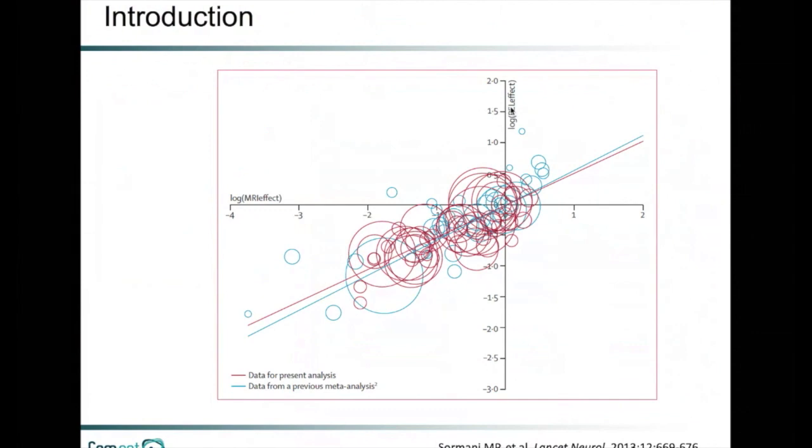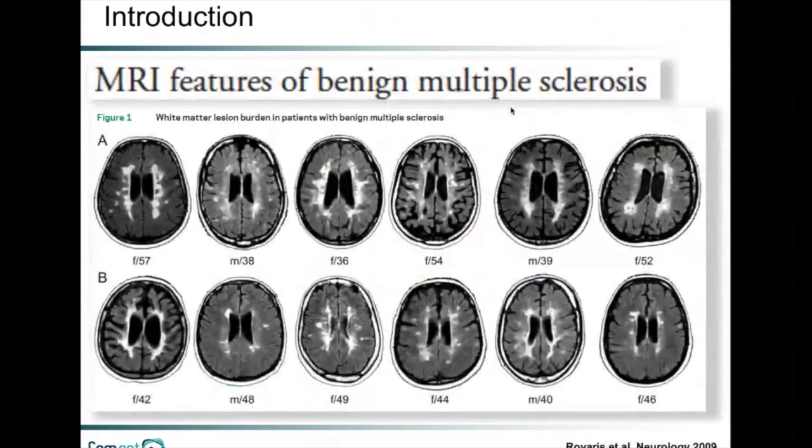However, and this is a paper from the MAGNIMS group in which we studied the MRI features of benign MS. You can see here 2 rows of patients with multiple sclerosis. One row is of patients with secondary progressive MS, EDSS above 6, and the other is a group of patients with benign MS. This is long disease duration, very low, below 2 EDSS.